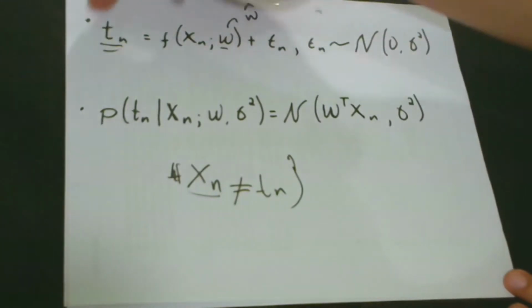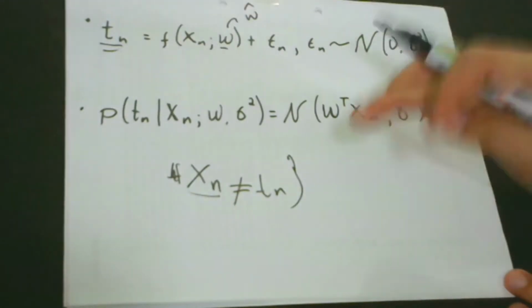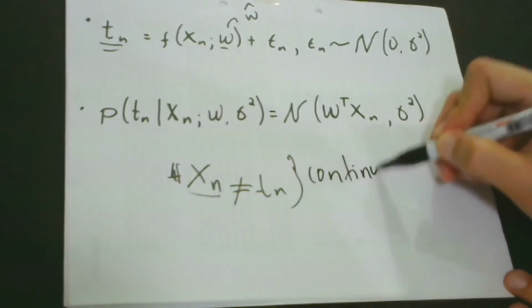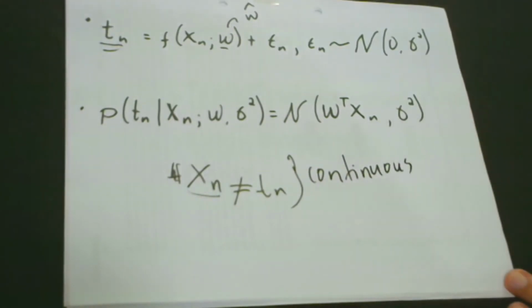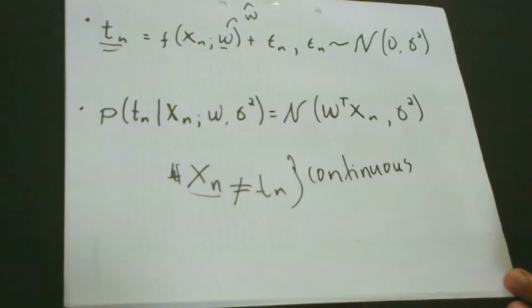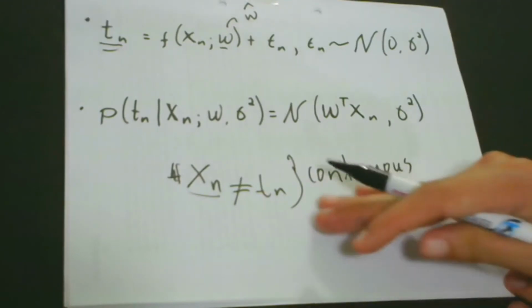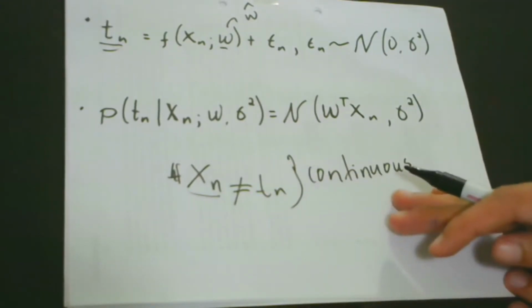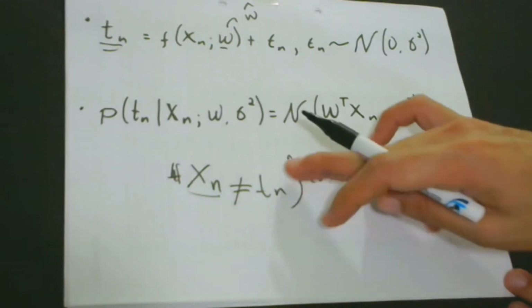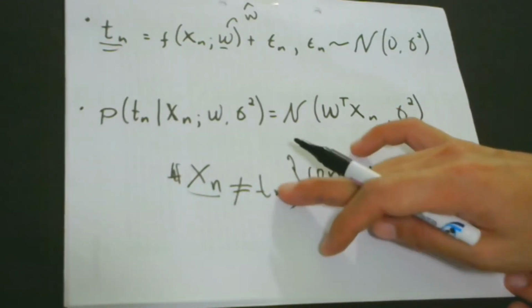And because it's a random variable, to be more specific, it is actually a continuous random variable. If you could still remember, in the first few videos of our course, we talked about random variables, continuous and discrete. Because it's continuous, we could not find any corresponding value of tn for each value of xn.